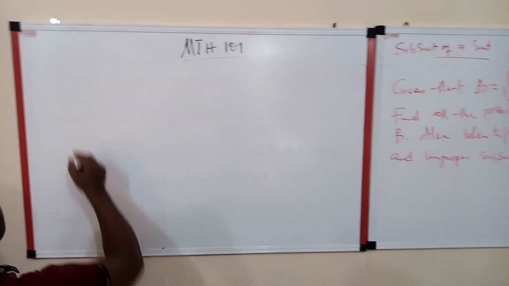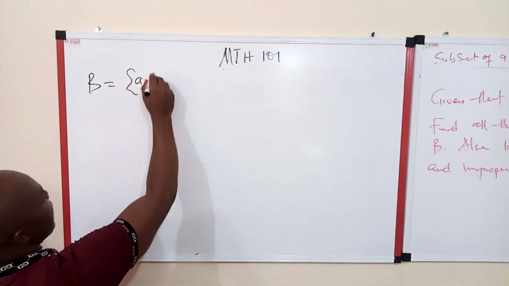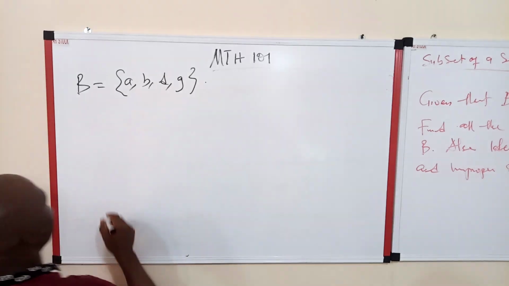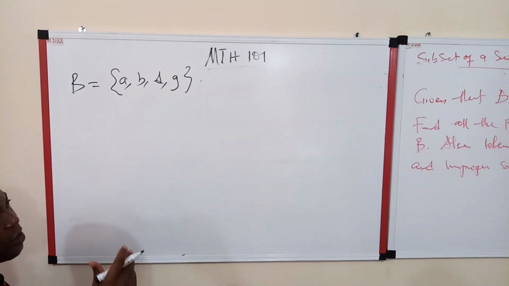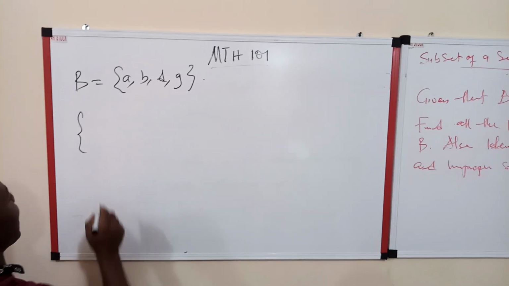Now, in this example, we have B as the set {A, B, D, G}.